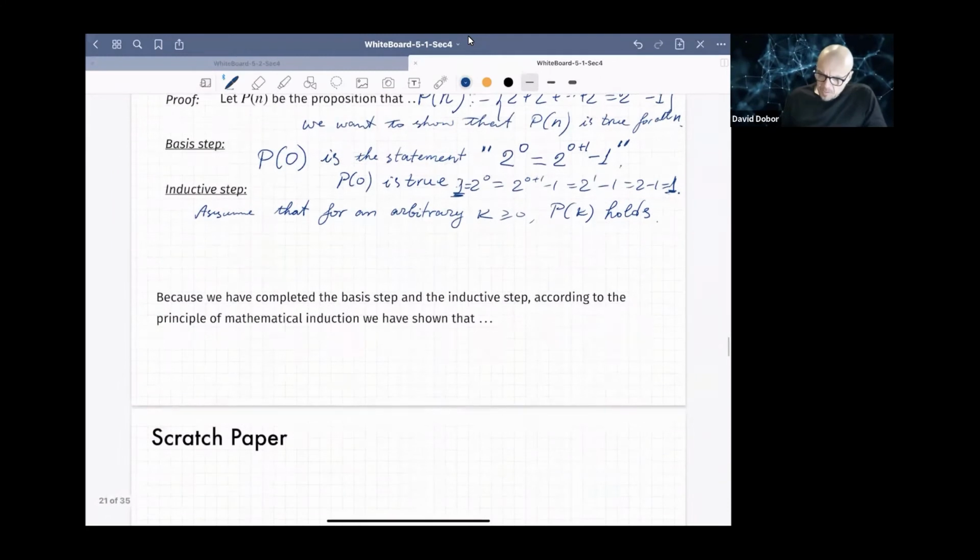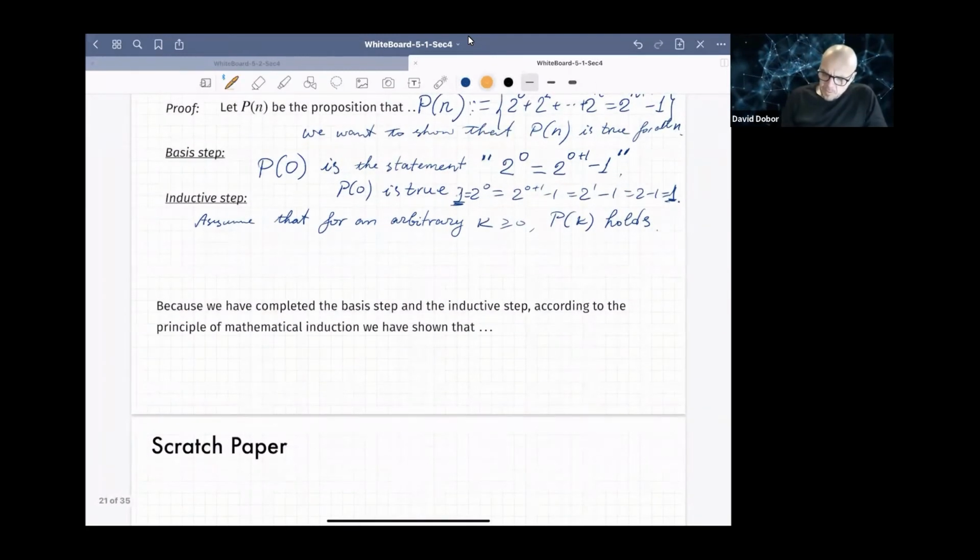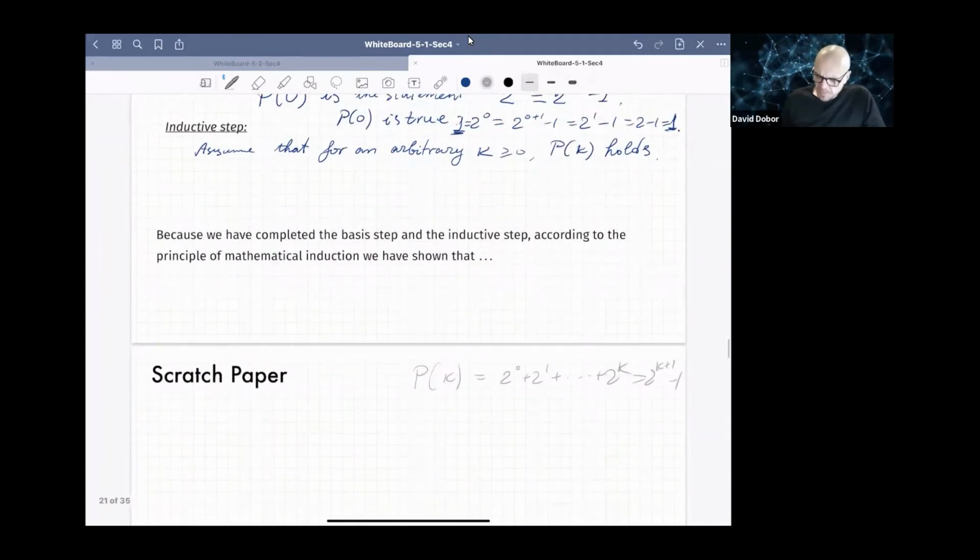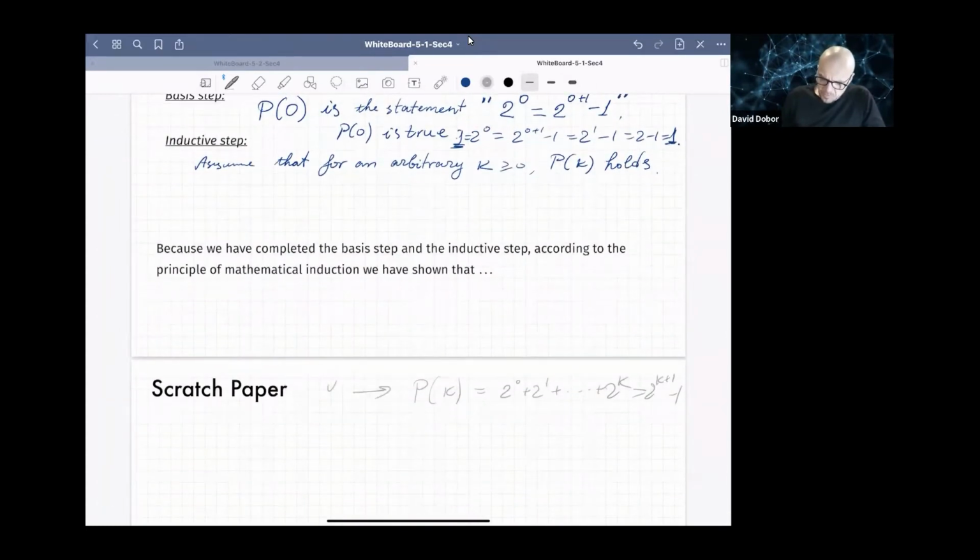This holds. So P of k is 2 to the 0 plus 2 to the 1 plus, blah, blah, blah, plus 2 to the k equals 2 to the k plus 1 minus 1. What is P of k plus 1? This is the assumption. We need to show that P of k plus 1 holds.